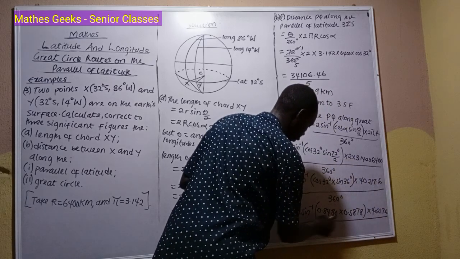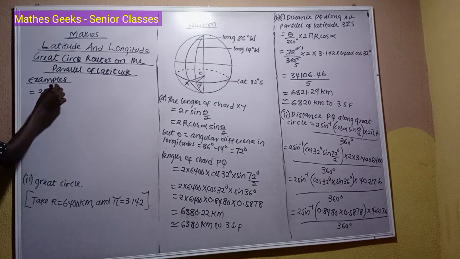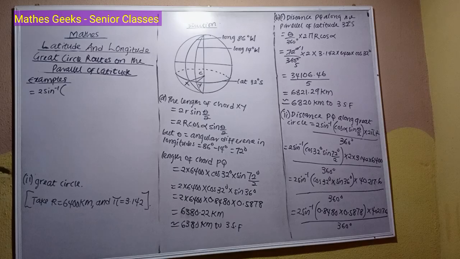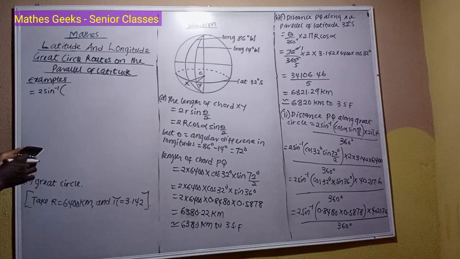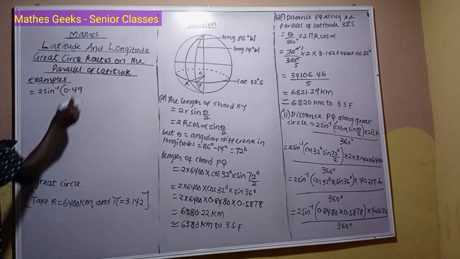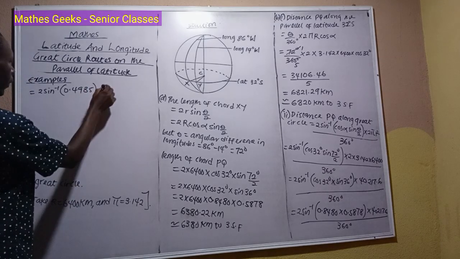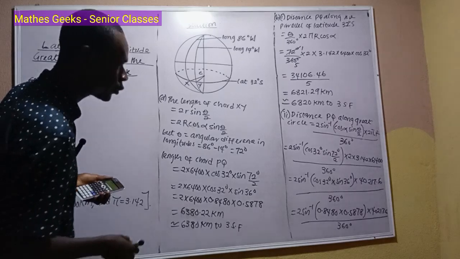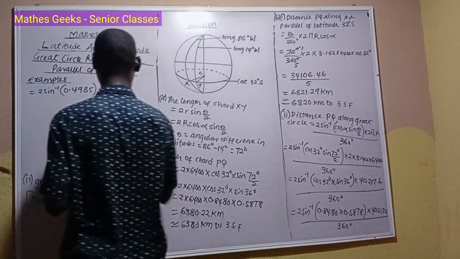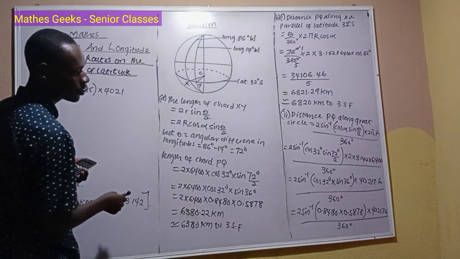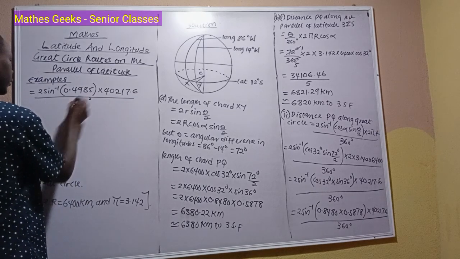Divided by 360 degrees. 2 arc sine 0.8480 times 0.5878, that is 0.4985, times 40217.6 divided by 360 degrees.